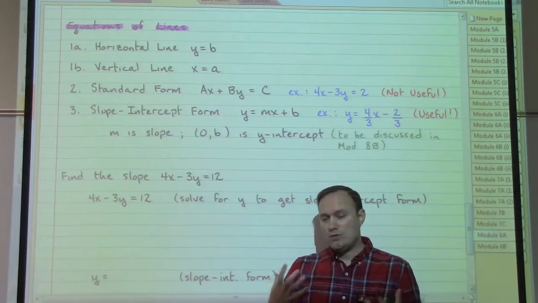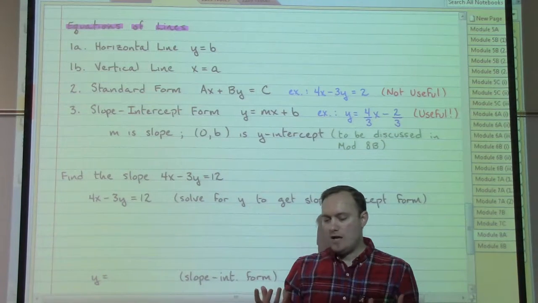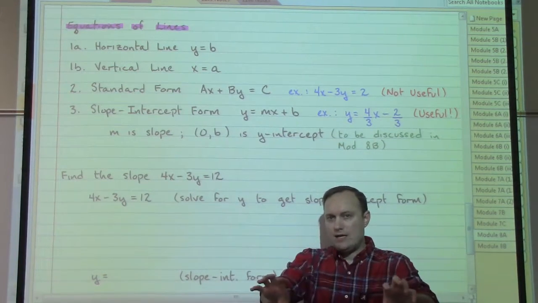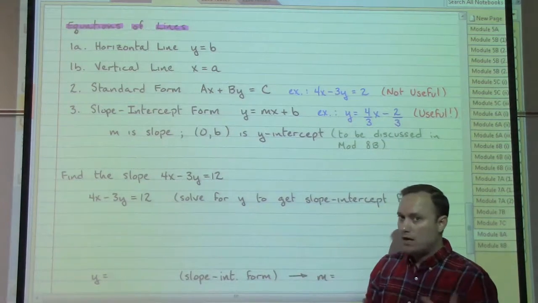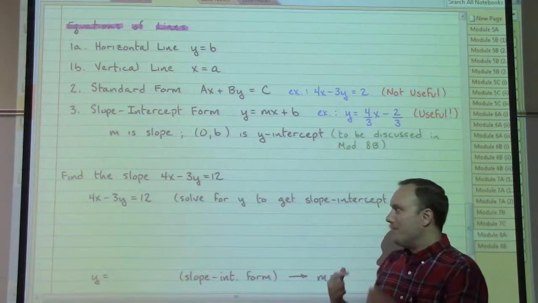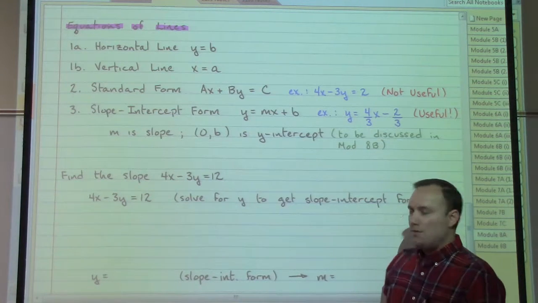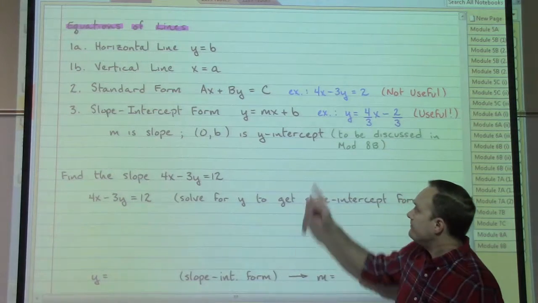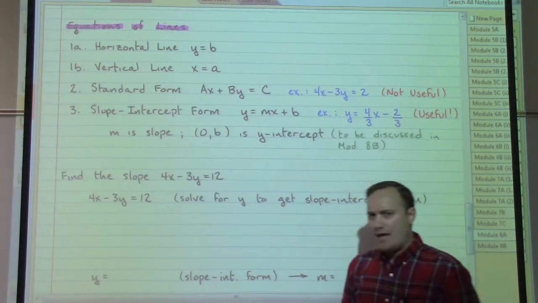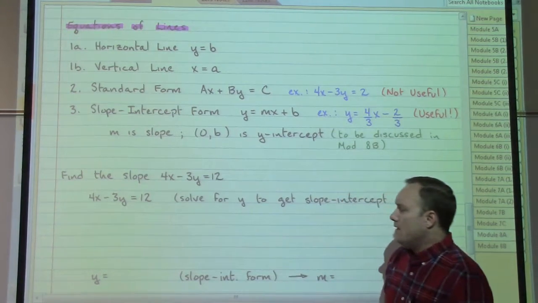Or if I have those two separate pieces of information, I can put them directly in and build an equation for myself. So I've got a lot of flexibility there, but this is going to be by far the most useful version of the equations for us. Talk a little bit more about that in the following video.